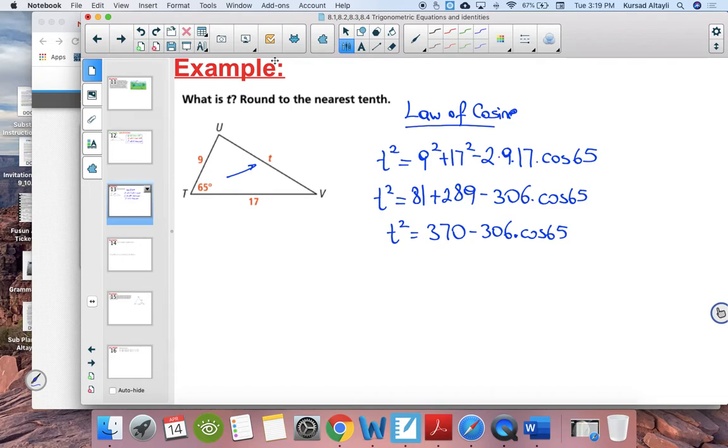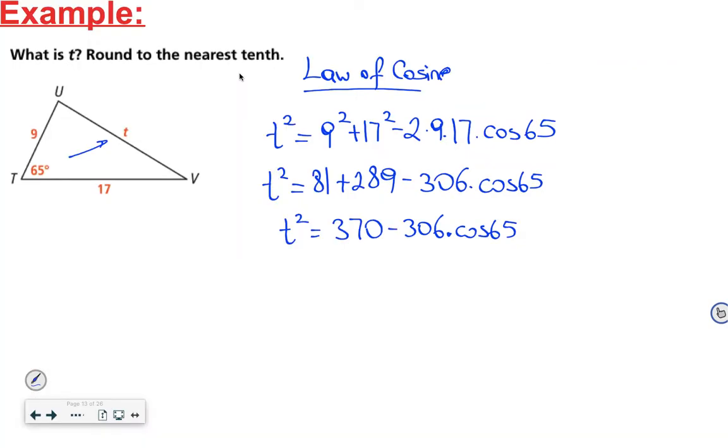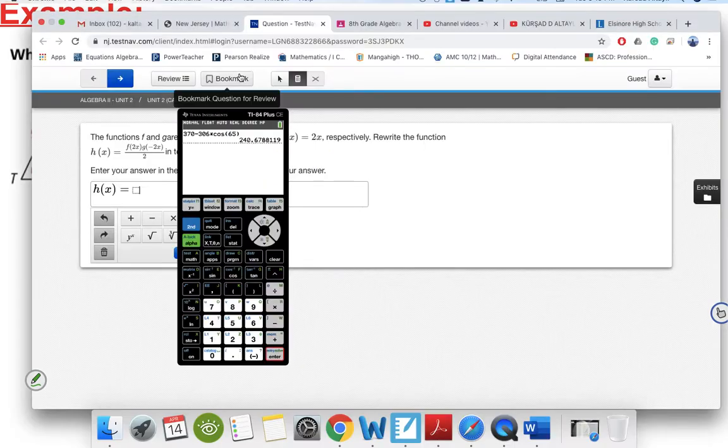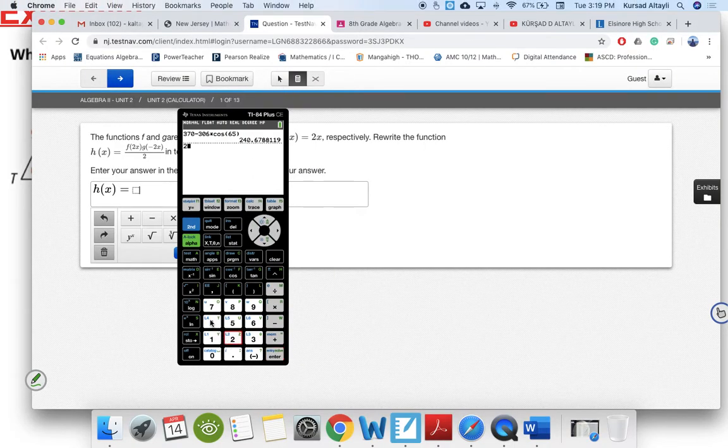Now T squared will be equal to 240.68. To be able to find the value of t, please take the square root of both sides. Now let's calculate all together: the square root of 240.68.